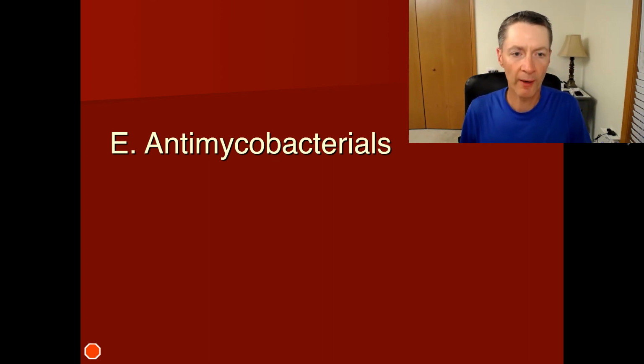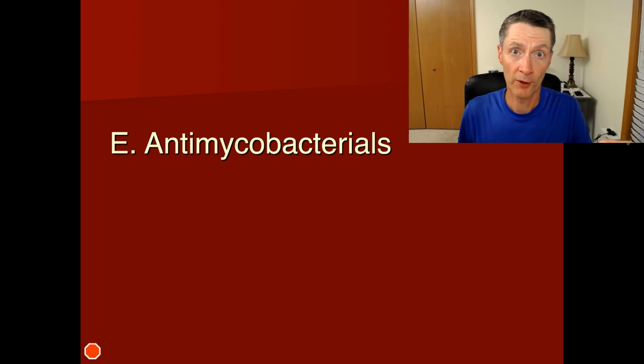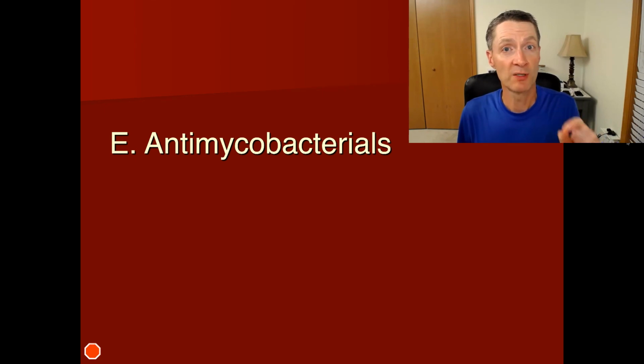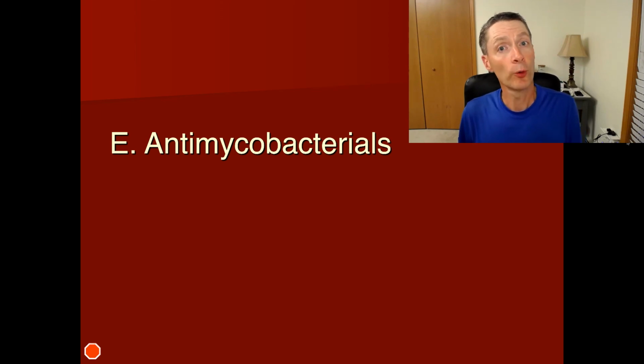We are talking about a group that has a specific kind of cell wall. We learned about acid-fast stains, the fact that they would show us tuberculosis in a sputum sample. Well, you remember, right? They have a specific kind of cell wall, kind of a lipid characteristic in their cell wall. So here we have antimycobacterials. These drugs are effective against those kinds of organisms, like tuberculosis.